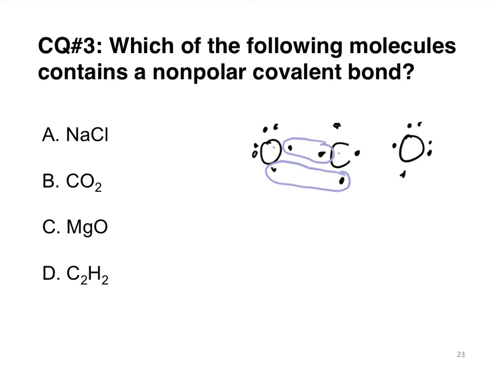Now we take a look at the other side. If this carbon needs 2 more, and this oxygen still needs 2, gee, they could share these 2 and these 2, right? So we go ahead and draw it out, and you see that there's a sharing that happens here, and there's a sharing that happens here. These are all bonds. These are all chemical bonds.